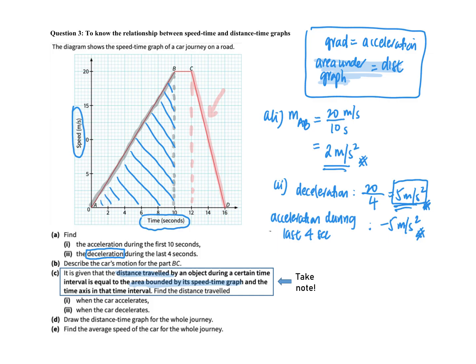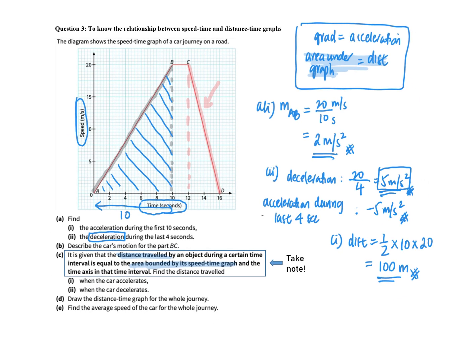So when it's this, then you will find the area under the graph, which is half times base. The base is 10 here, times the height, 20. So 100 meters.